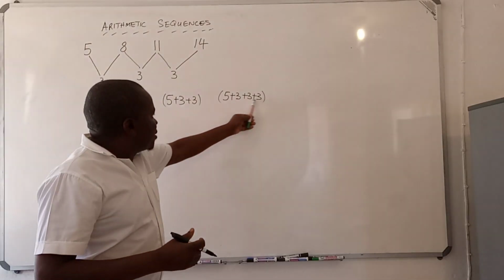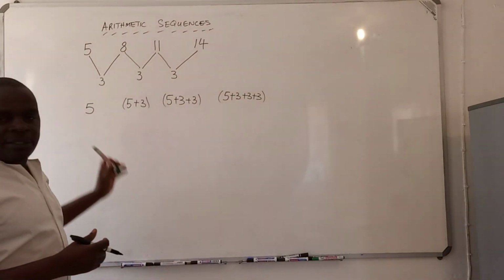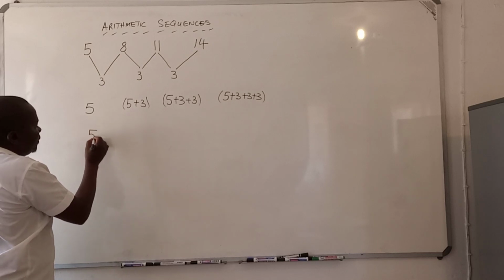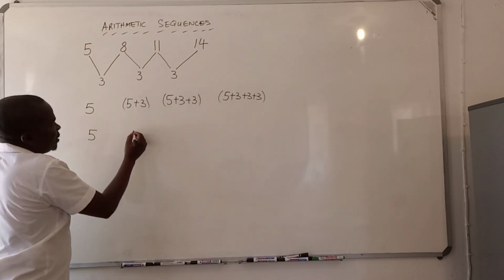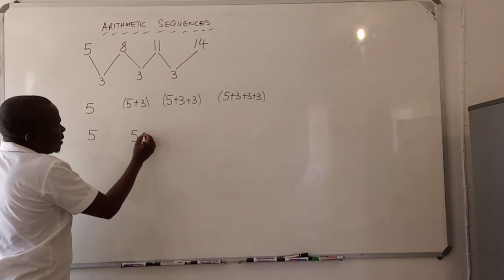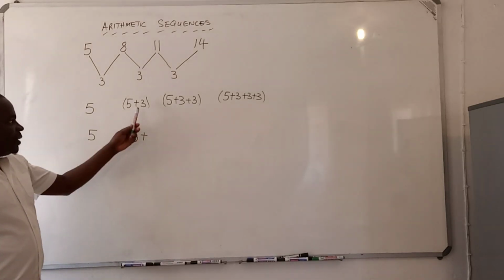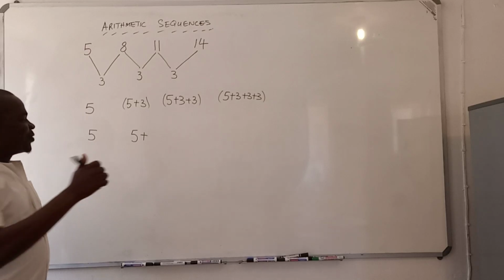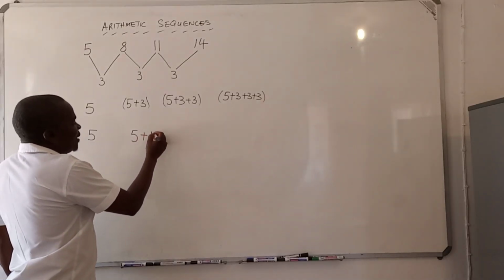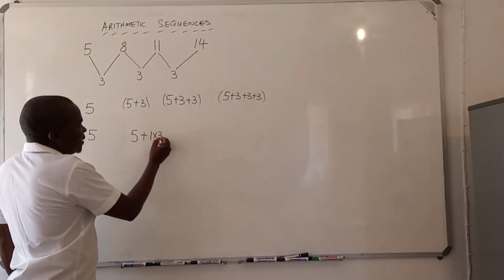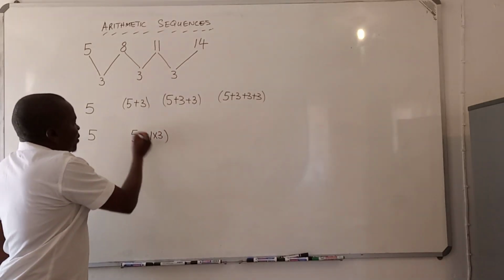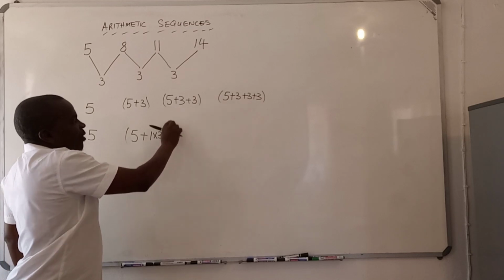I will express this part here as a product. So the first one here is going to be a 5. The next one is 5 plus, how many 3s are here? There's only 1 3. So we can write it as 1 multiplied by 3. And then at this position, this one here, how many 3s?